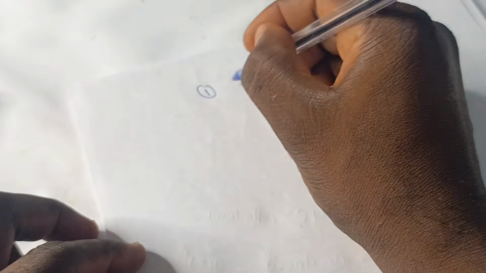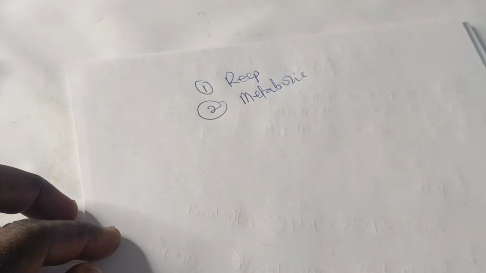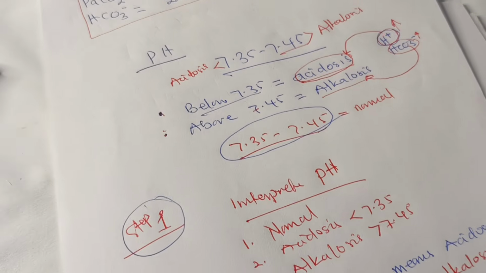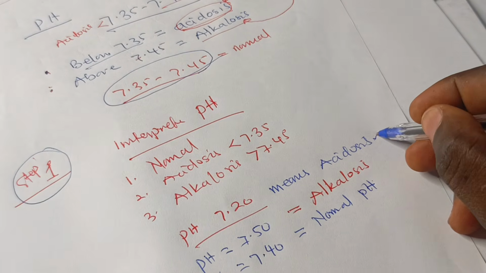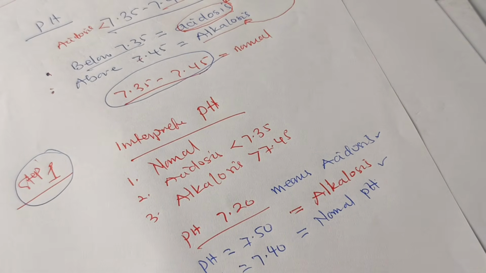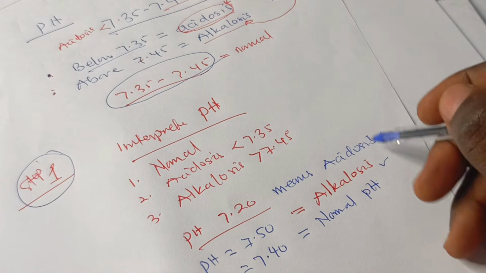I earlier told you that an acidosis, too much acid, or too much base, alkalosis, can come from two sources. And the sources are one, respiratory source, or two, metabolic source. So after you have interpreted the value and you've arrived at whether the case is acidosis or alkalosis, the next thing you have to look for is the source of these ones.